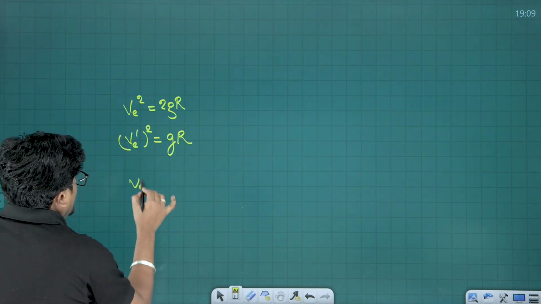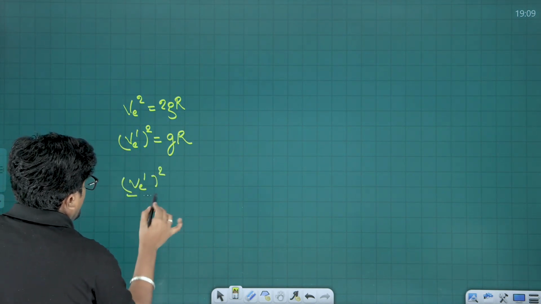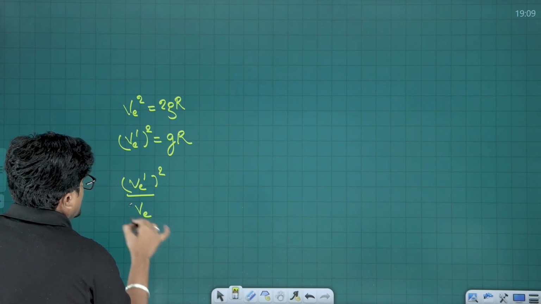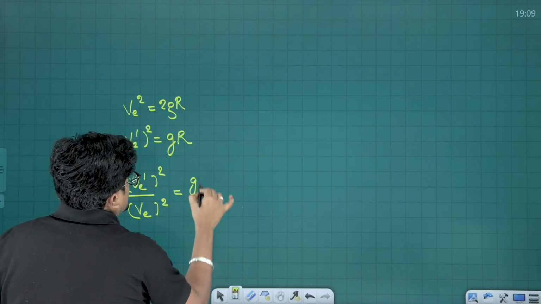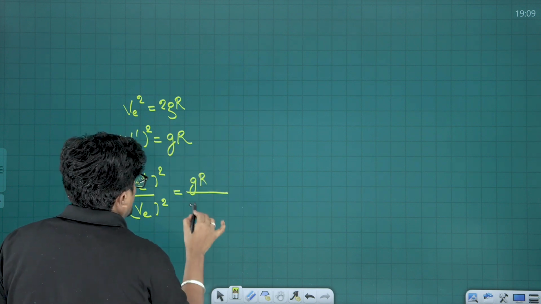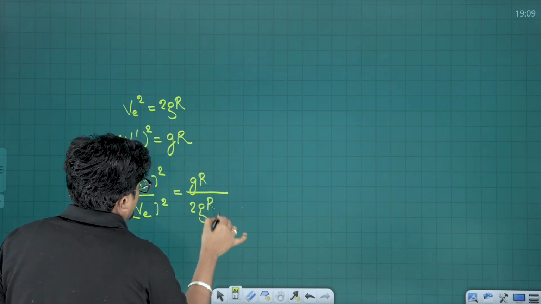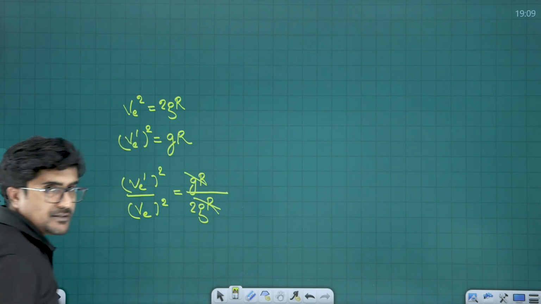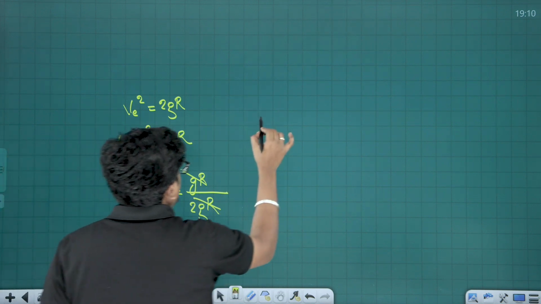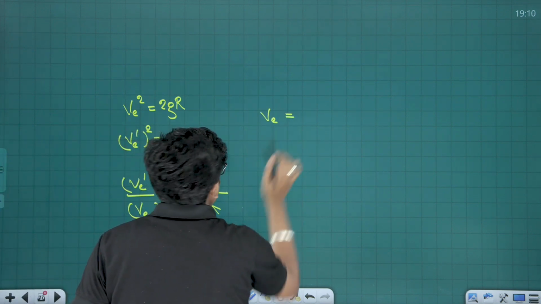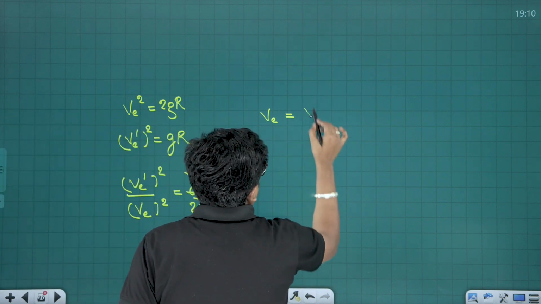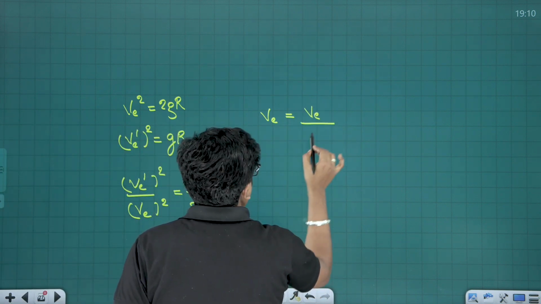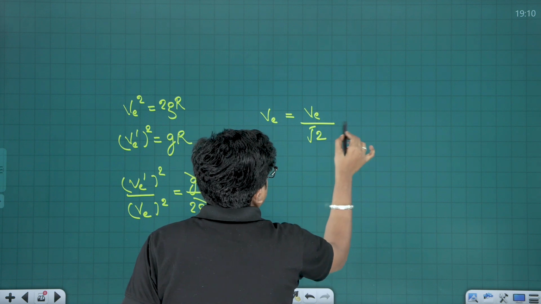So VE dash square upon VE square is now equal to g into R upon 2 times g into R. This one and this one will cancel each other. Now from here I can say that VE dash is equal to, this will go to the right, VE upon root of 2.